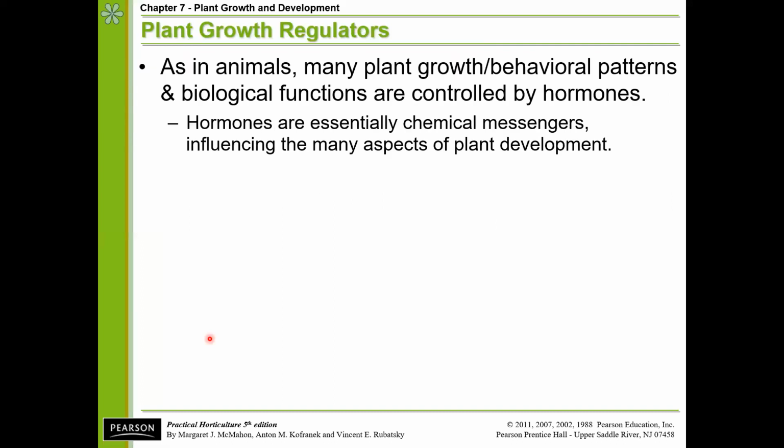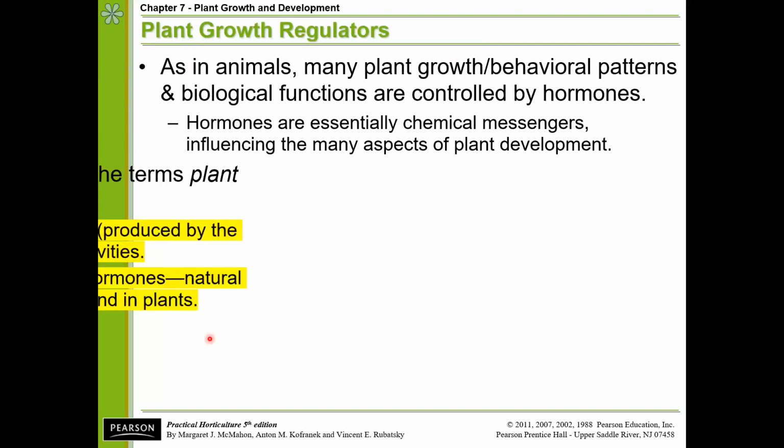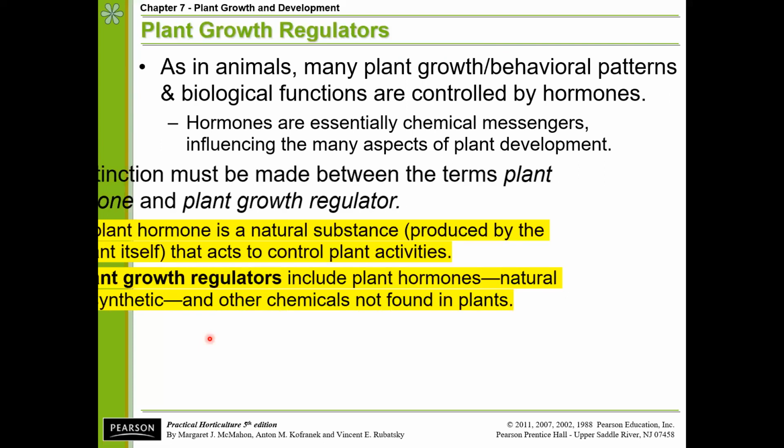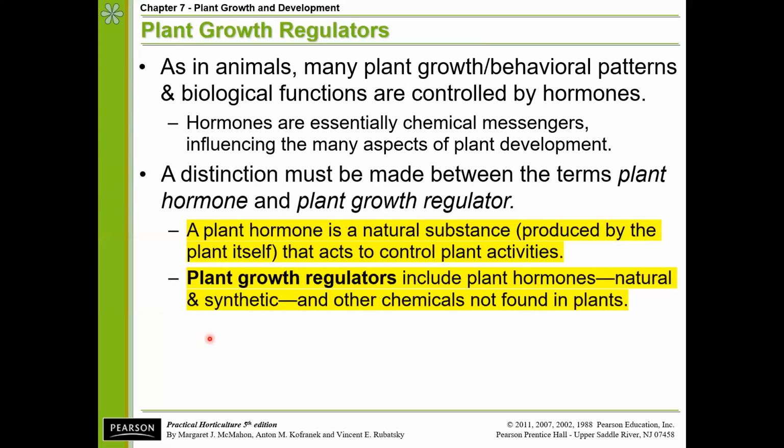All right, let's talk about hormones, which are also called plant growth regulators, when we're using them kind of to get a particular goal. So the plant hormone itself is a natural substance produced by the plant, and the plant growth regulator, which can be natural or synthetic.